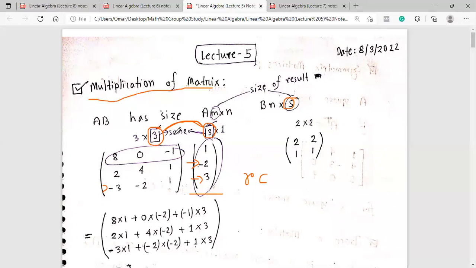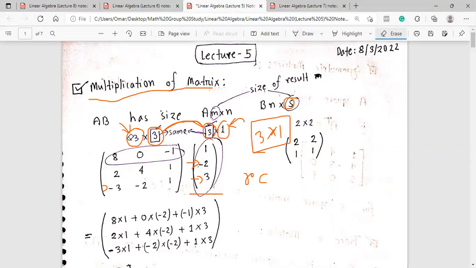And then the result matrix will have the number of rows from the first matrix and the number of columns from the second matrix. So the result matrix will be a 3 by 1 matrix, okay? So now we know that our result will be a 3 by 1 matrix.